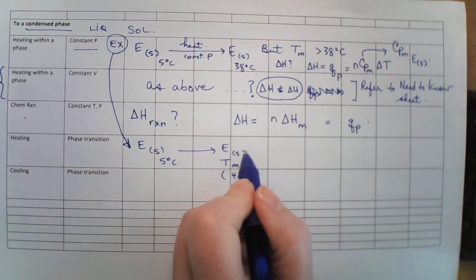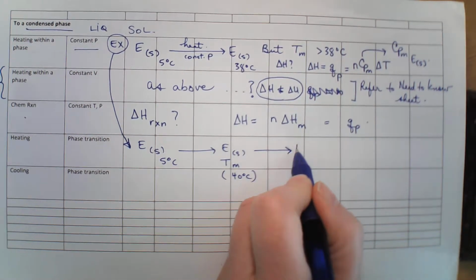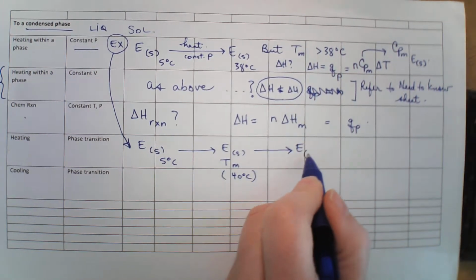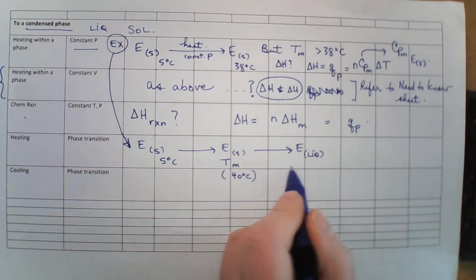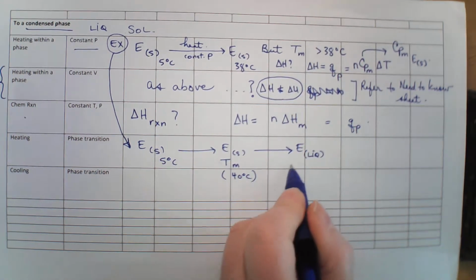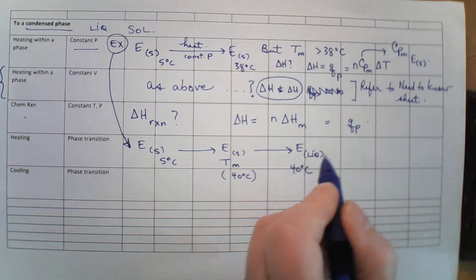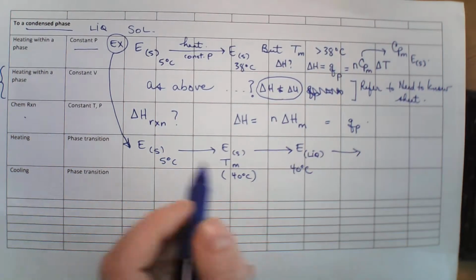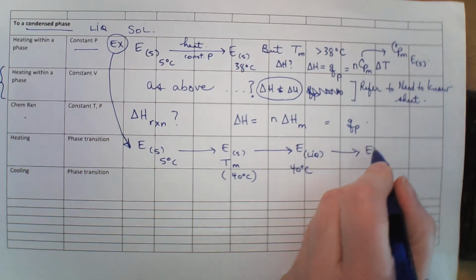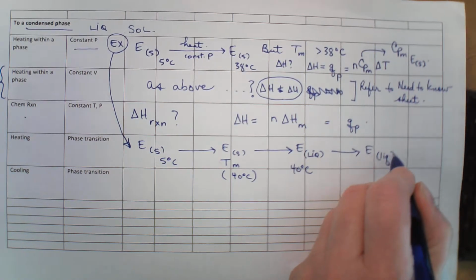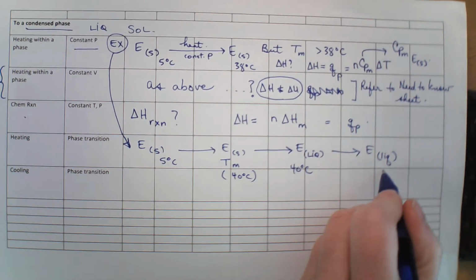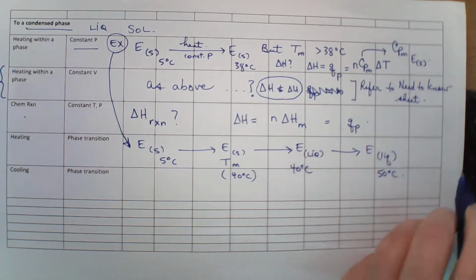Then I let it undergo a phase transition at a constant temperature of 40 degrees Celsius, and then, if I'm still heating, then I'm heating the liquid to whatever the temperature is, and I'll say 50 degrees Celsius.